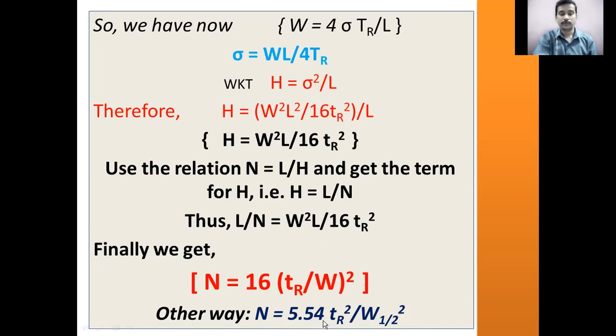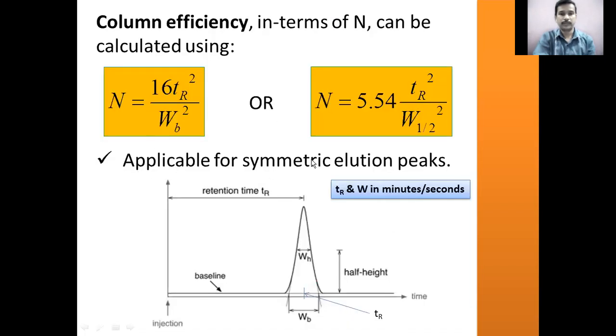So N is equal to 5.54 into TR squared divided by W half squared. These equations are very important to express the column efficiency in terms of the number of theoretical plates, and it can be calculated using either of these two expressions.